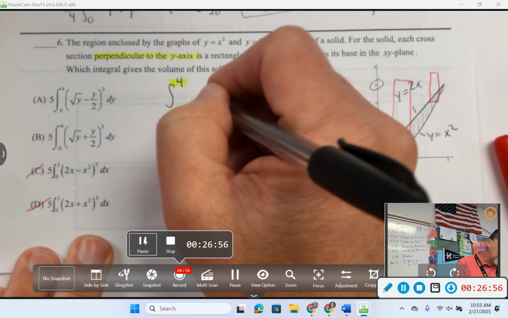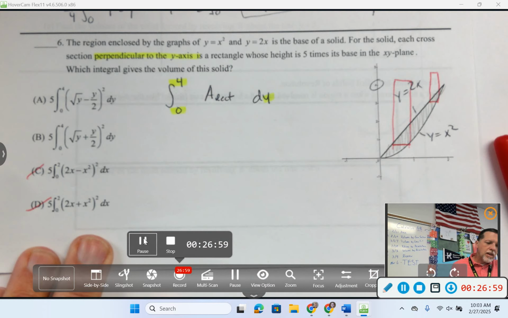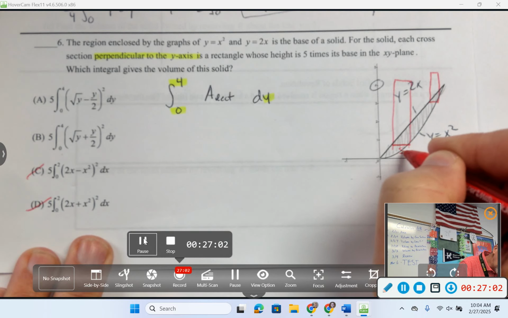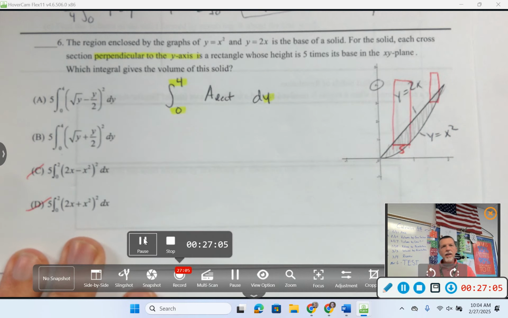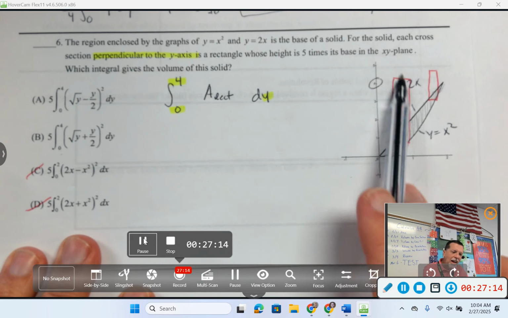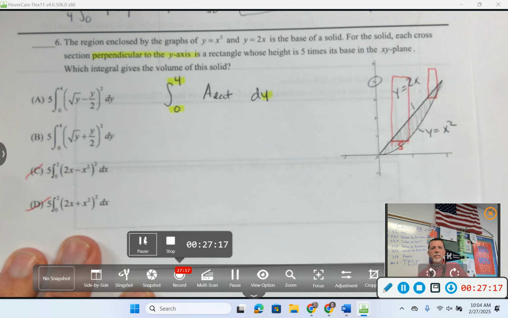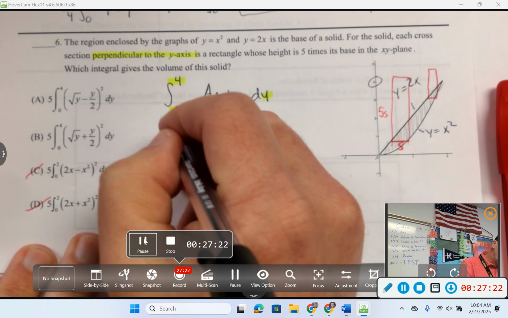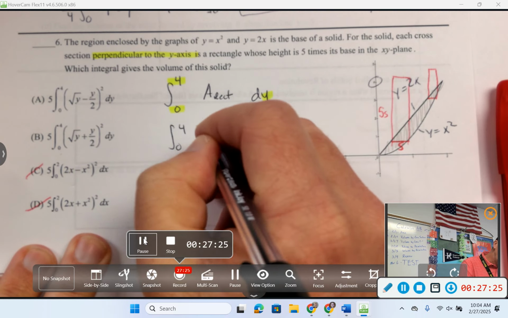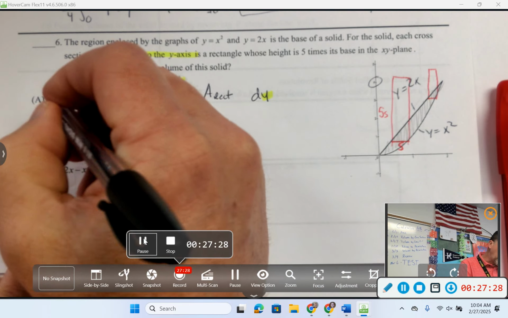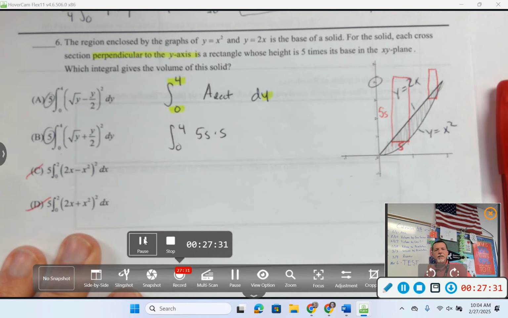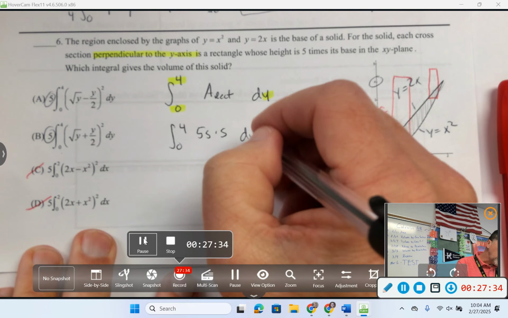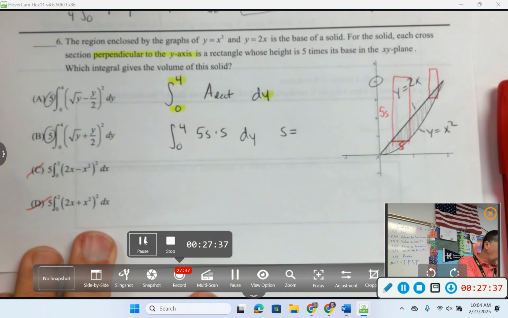Let's see, and we're doing area of a rectangle, where this side length is S. How tall is my rectangle? 5 times as tall, so 5S. 0 to 4, 5S times S. Looking at my answer choices, that explains why the 5 is out front on all of those.